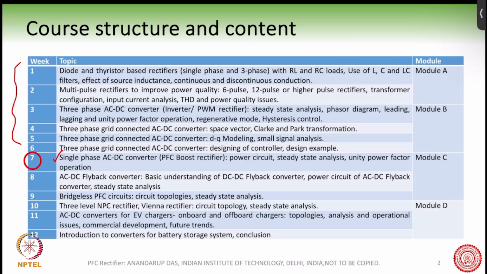Here in the PFC boost rectifier, we will talk about the power circuit and the steady state analysis, and how we achieve unity power factor. Also, we will briefly touch upon the design of the L and C, which are very crucial components in this PFC boost rectifier.